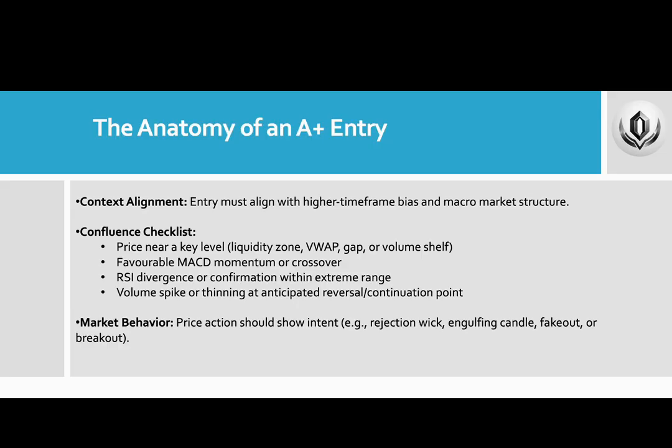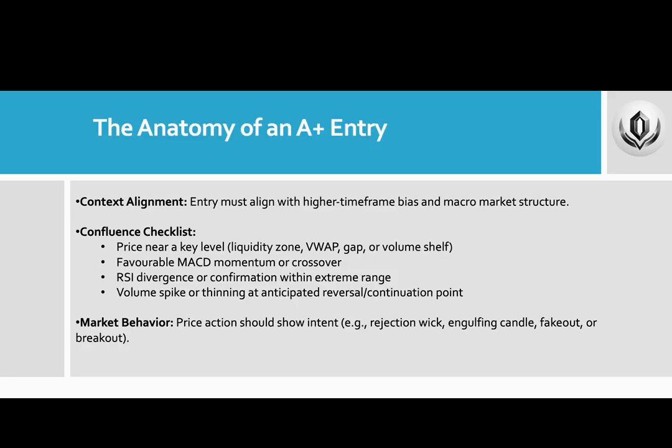Is MACD showing a momentum shift, like a fresh crossover, or is the histogram growing in one direction? Is RSI supporting the story? Either is it trending strongly, or is it showing a divergence, or is it near one of its extreme zones? And finally, is volume confirming the setup?